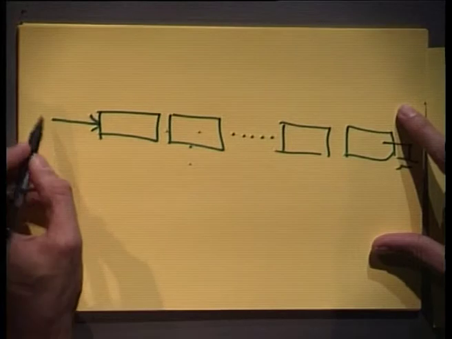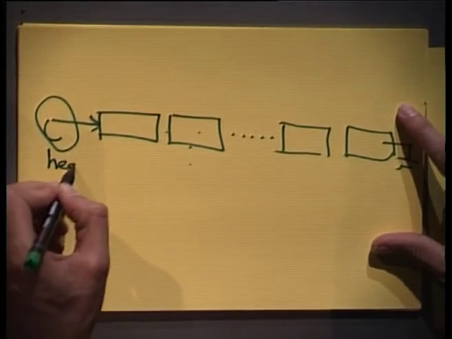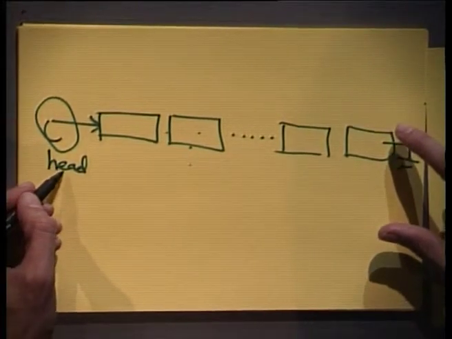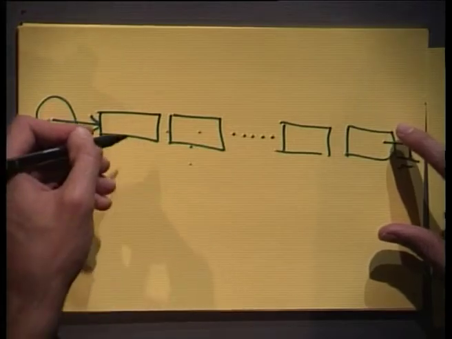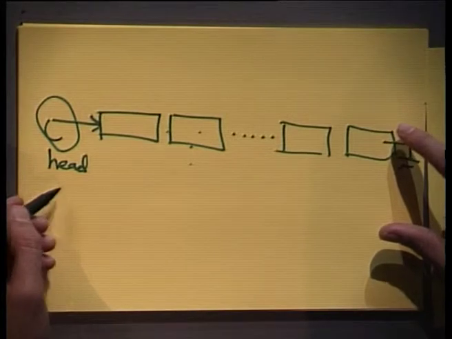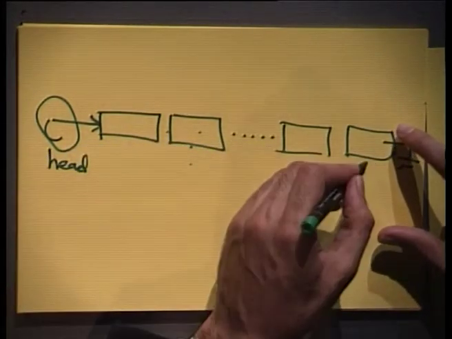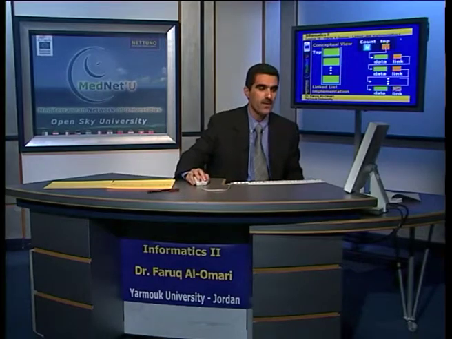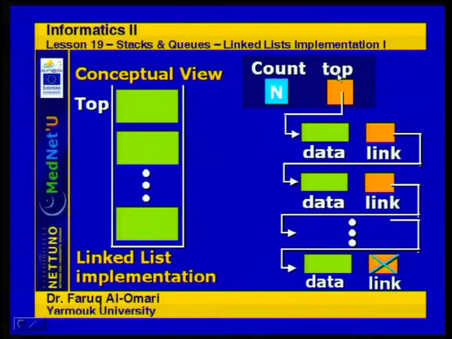One structure defines the head of the stack, and we used to have more than just the head pointer in there, which points to the first node, which is the top of the stack. We used to have another integer, which keeps track of the number of nodes that I have in the stack. So that is this structure that has count and top, where count refers to the number of nodes I already have in my list. And this top is a pointer that points to a linked list node.